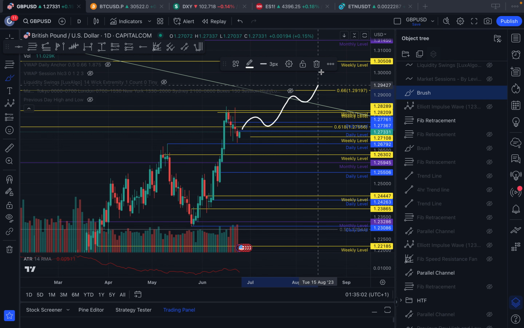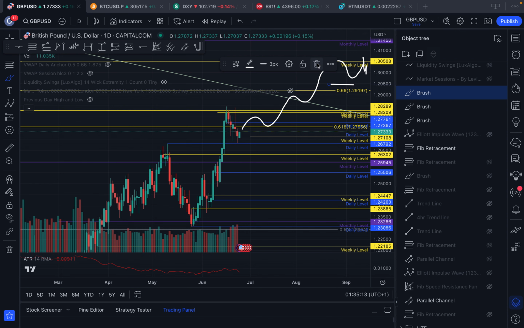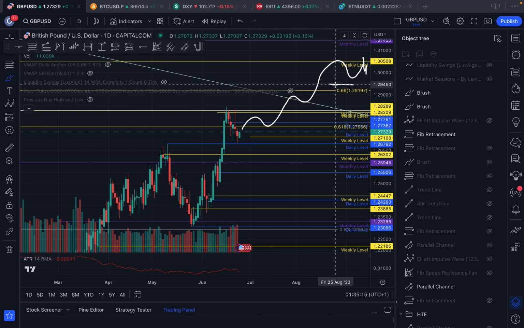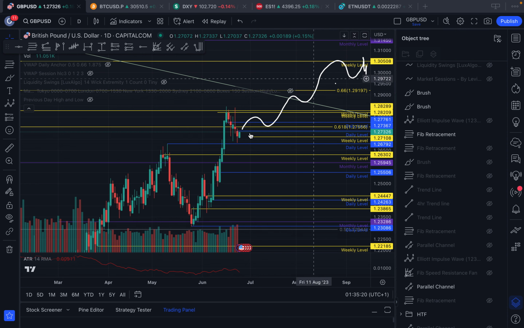Below, above, and maybe come on down, maybe spend some time above it, make everyone really bullish, and then come back down. That could be one scenario that I do think looks reasonably likely.